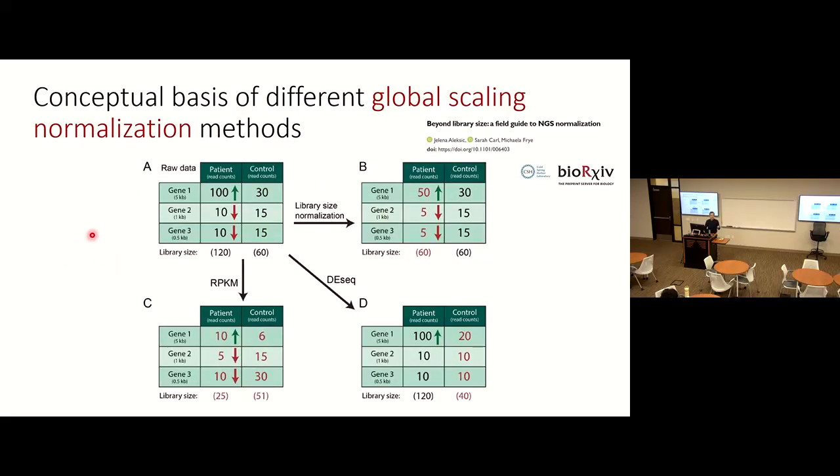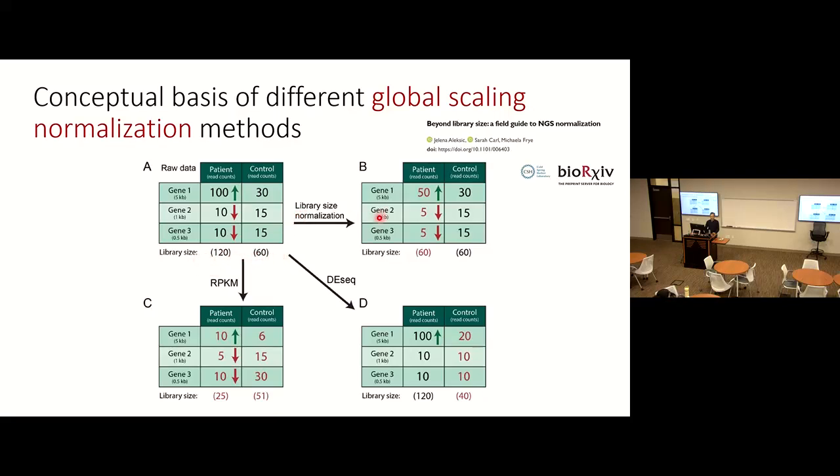So the procedure I just described is this. You have a raw matrix, with genes in rows and samples in columns. In this case, it is bulk RNA-seq. You have patient and control. It looks like the patient has been sequenced twice as much as the control group. Okay, there's a technical bias.